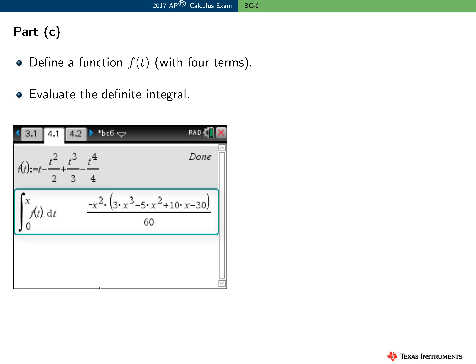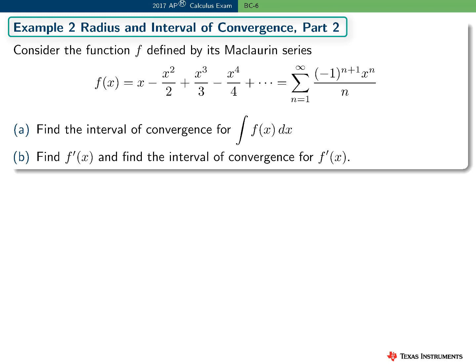And then I simply found the definite integral of my f from 0 to x. Note that the calculator answer here is not in the form that I'd like. So there's still a little analytical work to present the first 4 terms of the Maclaurin series for G in an appropriate form.